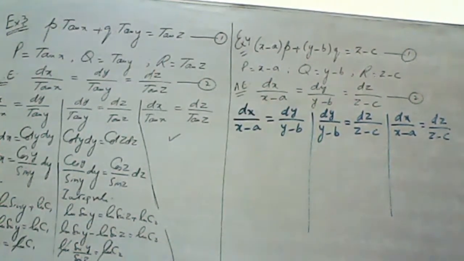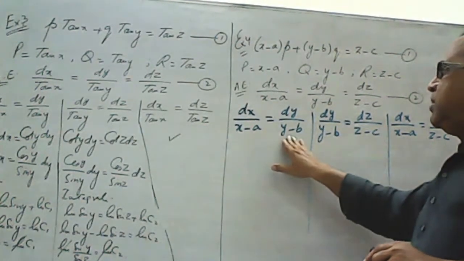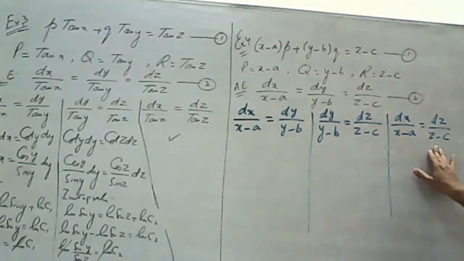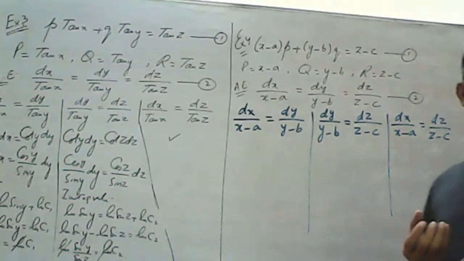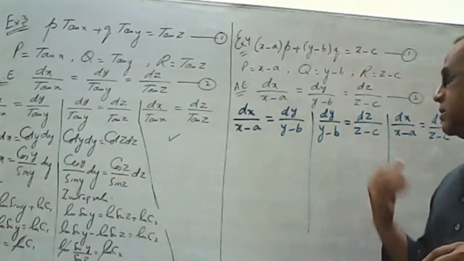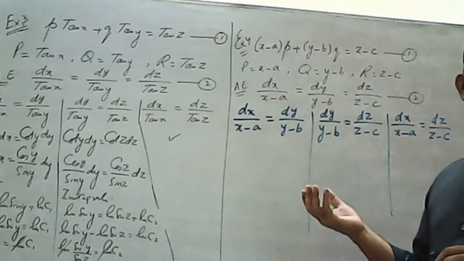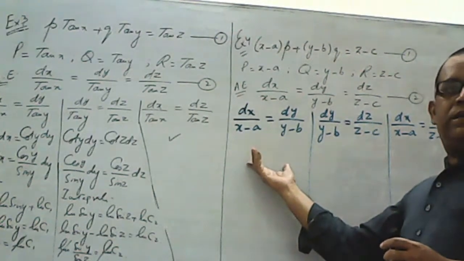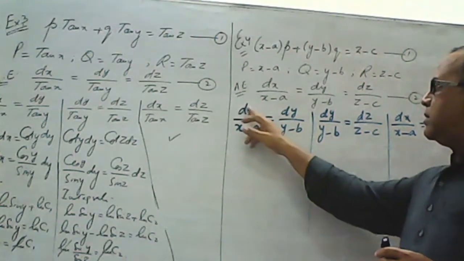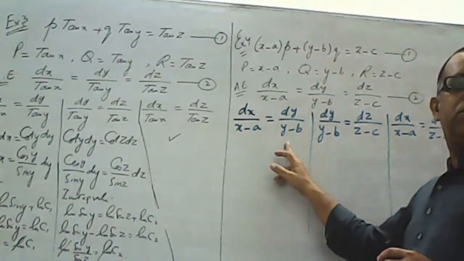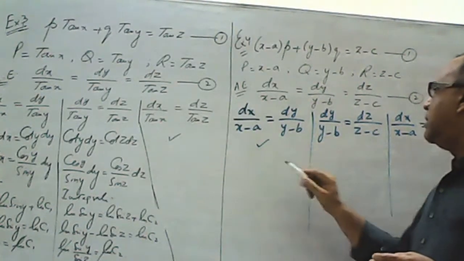Now it's time to check, does any simplification exist? No simplification is possible. Remember, simplification means any term which is possible to cancel out. Okay. So now check which pair is solvable. Here z is missing in the numerator, and z is also missing from the denominator, so the pair is solvable.